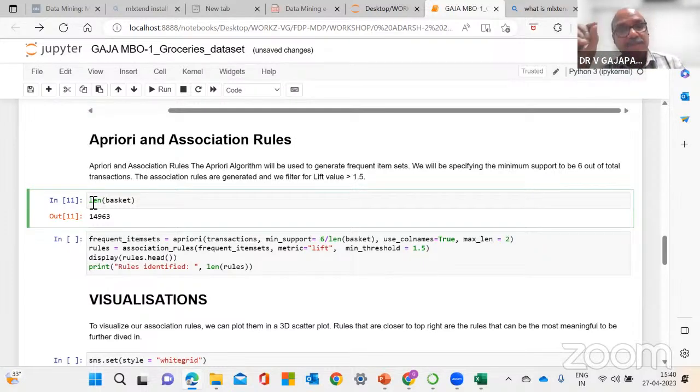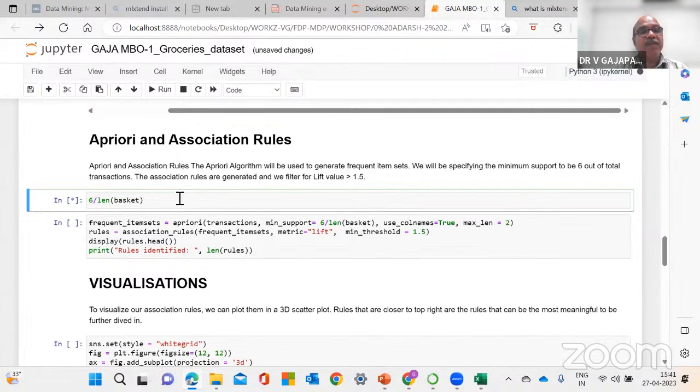The 6 is support. Say, for example, whole milk is there or wheat is there. I am giving support to wheat. 6 means that of the 14,963 transactions, there should be a minimum of 6 purchases of wheat. Therefore, here I'm doing 6 divided by the total.